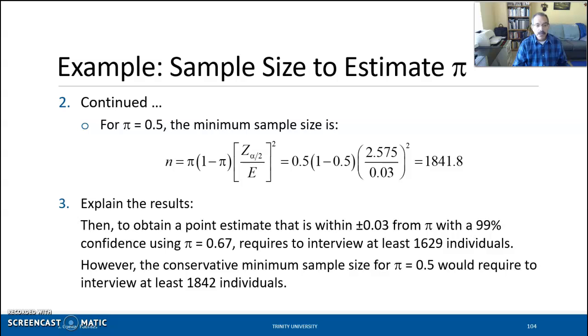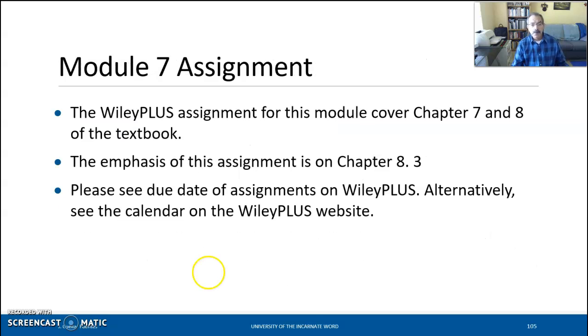All right, with this we complete the discussion of all the topics in Module 7. The first part of the Module 7 assignments are posted, and the last part is posted and is due next week.